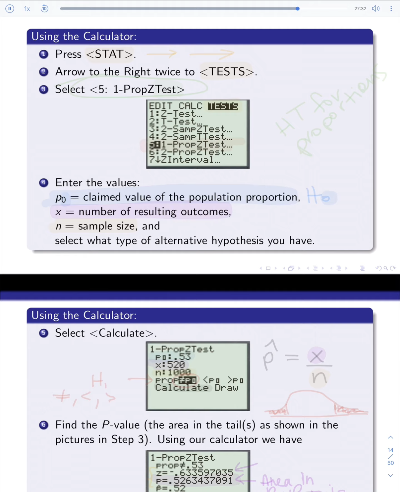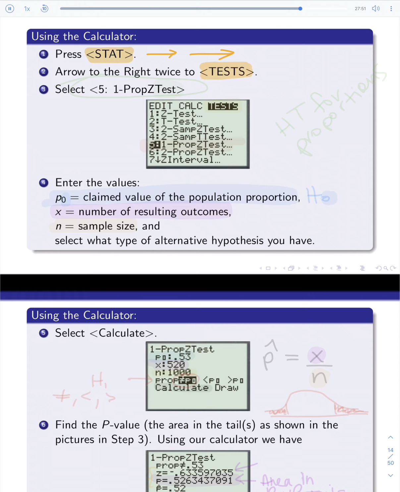You'll go ahead and press the stat key. Done this before. Just like we were doing in Chapter 7 to get the confidence intervals, then we'll arrow to the right twice, over to tests.